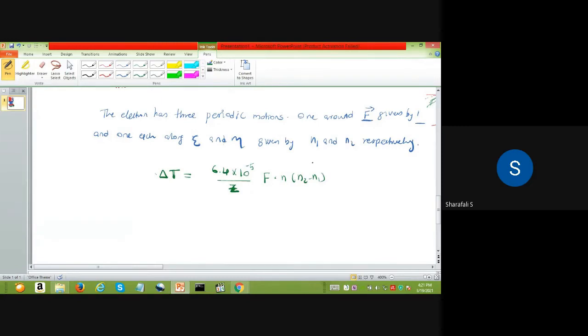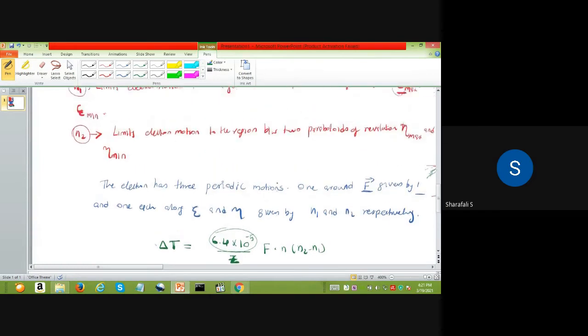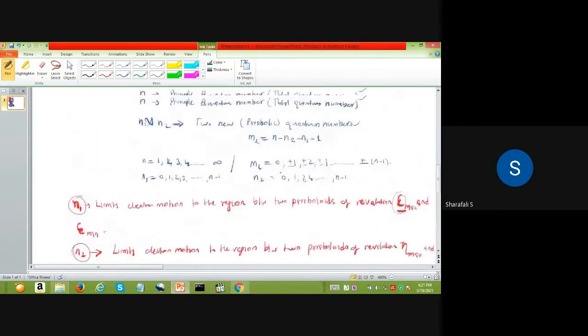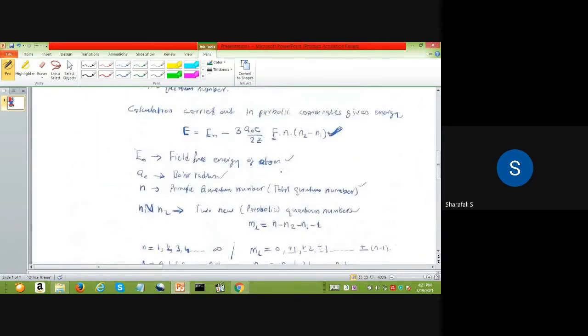This is a constant, this is the same. You can see it from here. Whatever we have written for energy, that is the same expression.